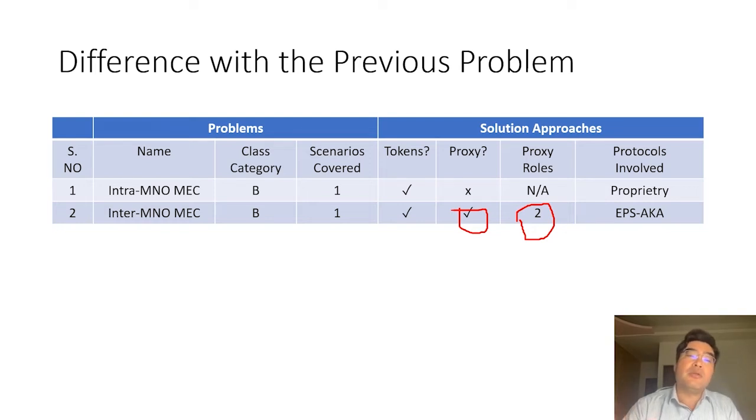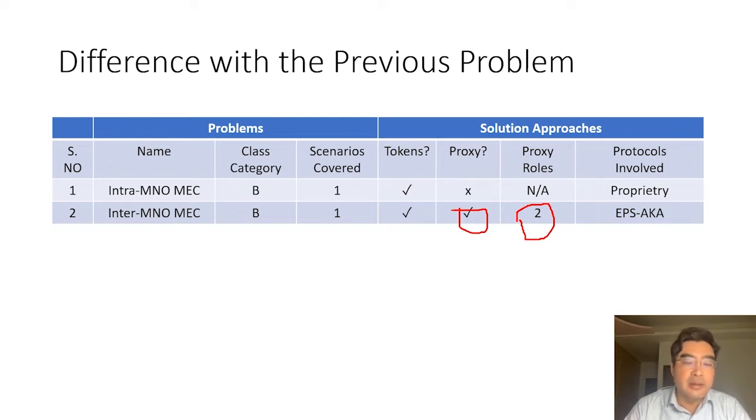But here, because both sides are homogeneous, they all use the EPS, the same authentication protocol, so I don't need to play the monkey roles that we will see later for the other scenarios. Here, because both sides are the same, we don't need to pretend to be some entity in the proxy.